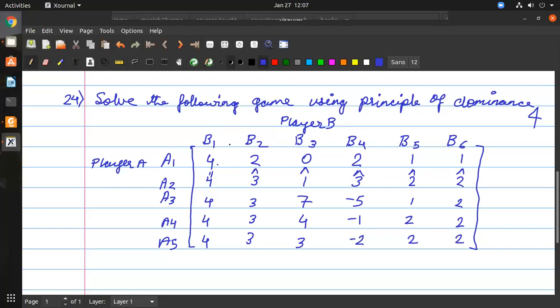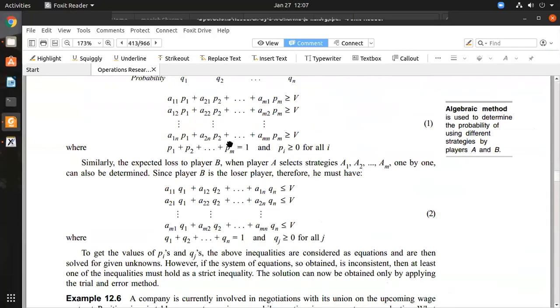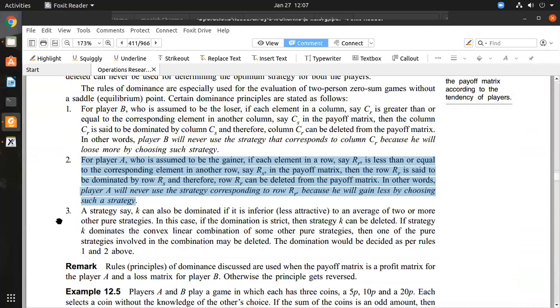Okay, so if you remember the second point of our dominance rule, what is it? For player A, who is assumed to be the gainer, if each element of the row RR is less than or equal to the corresponding element in another row, say RS, in the payoff matrix, then the row RR is said to be dominated by row RS, and therefore the row RR can be deleted from the payoff matrix.